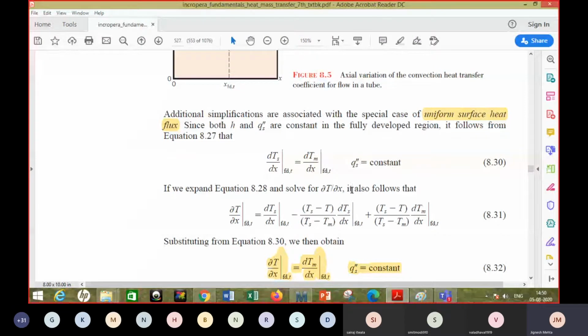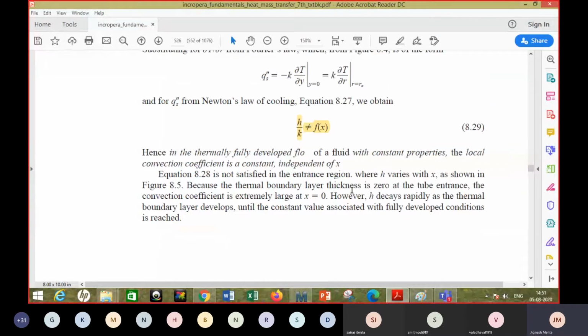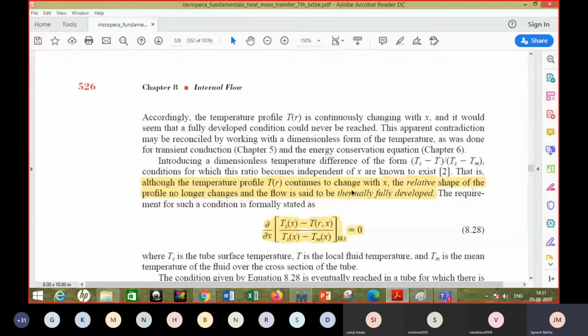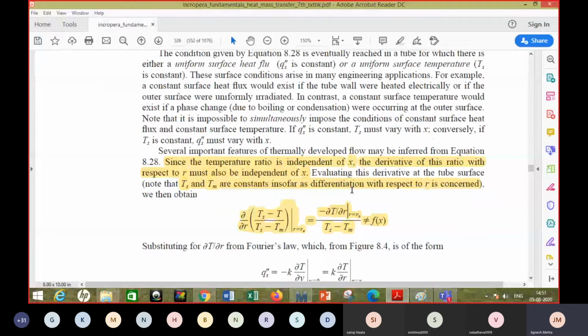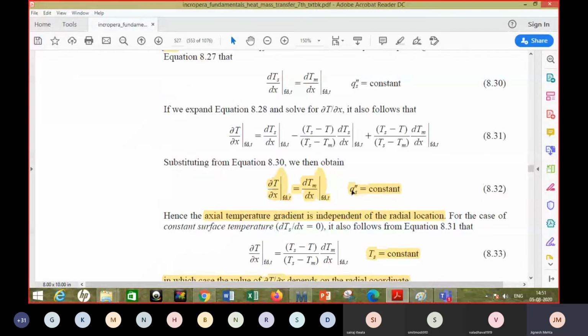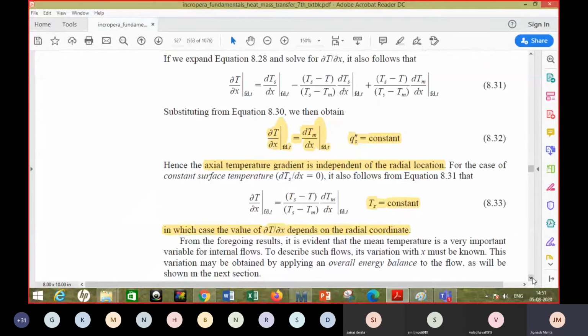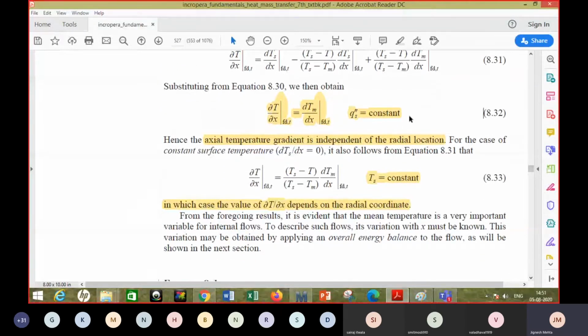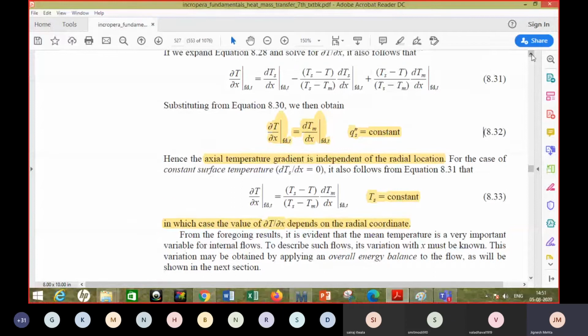And then from equation 8.28, if you solve it for dT by dx, you get the equation like this, 8.31.